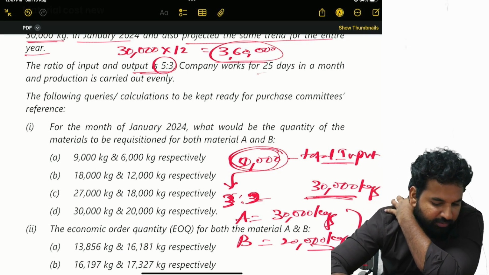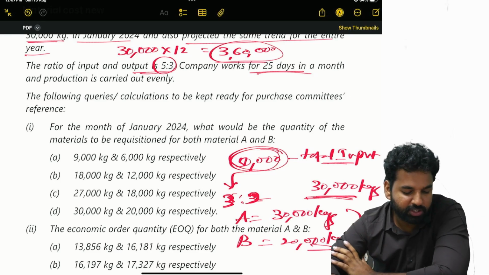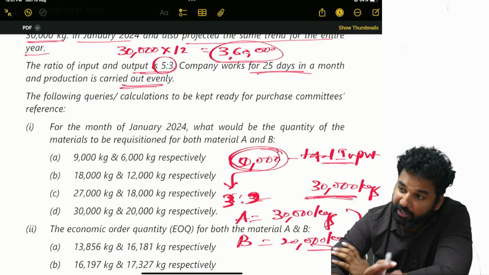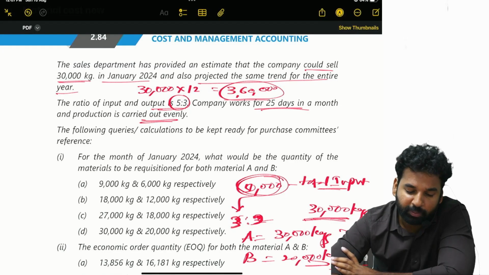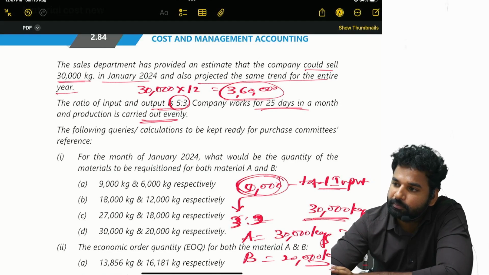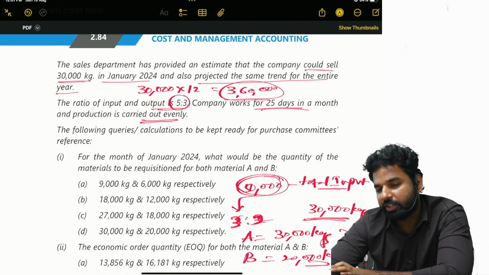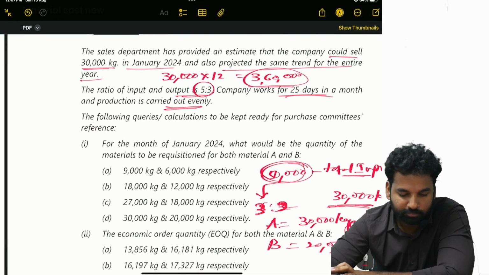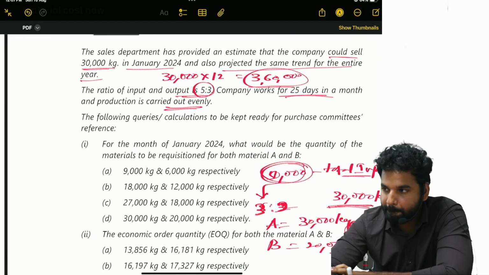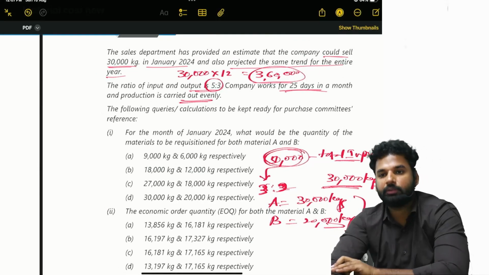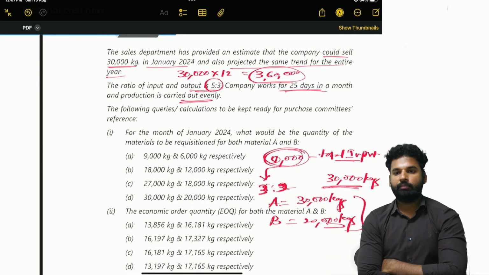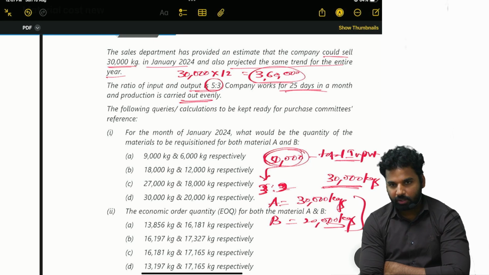The company works for 25 days in a month, and production is carried out evenly. Production is carried out evenly means what? Per day, what is the requirement? We need how many units? 30,000 or 50,000?